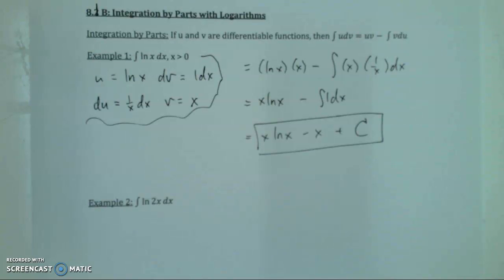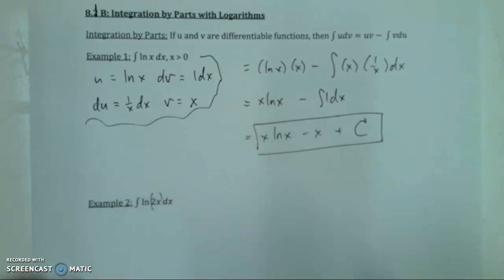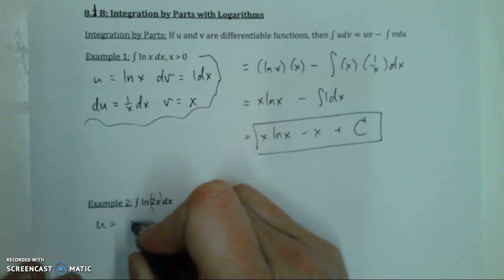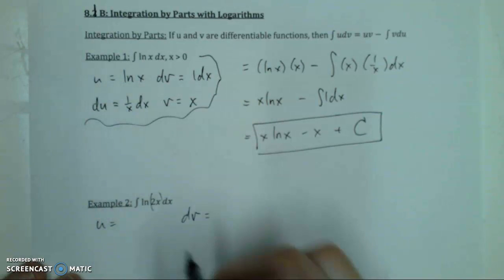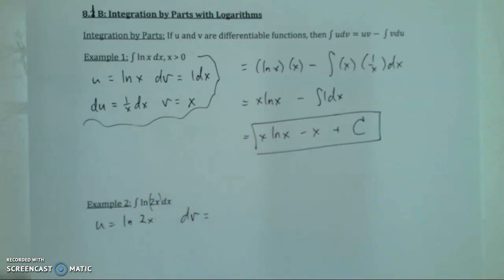All right, let's try the natural log of 2x. Now, as a reminder, we do have understood parentheses around that 2x. So again, since I don't know how to integrate a natural log, every time I've got a natural log, that's part of my u, in which case the only thing left for dv is 1 dx.